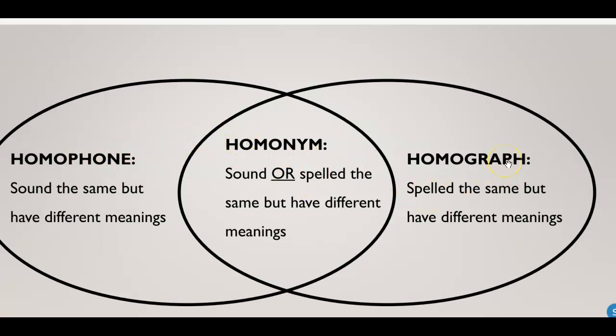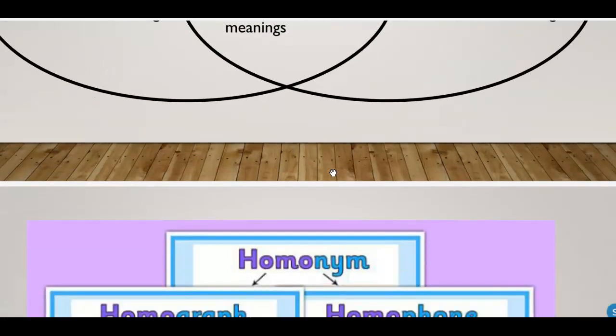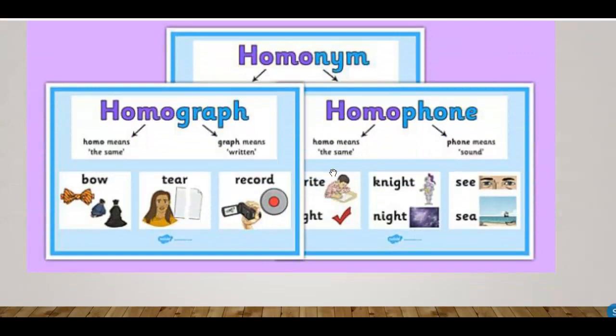A homograph is one kind of homonym. So there are two kinds of homonyms, the homophone and the homograph. So here you can see a homonym is either one of these options. The difference between these two is that homograph focuses on spelling, homophone focuses on sound.